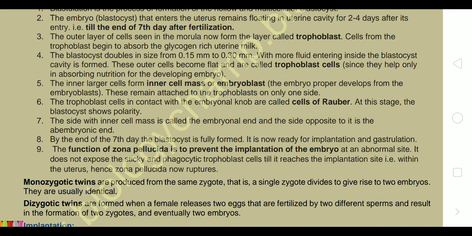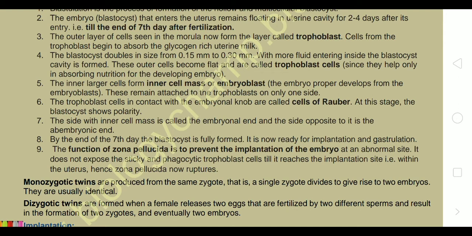So the function of the zona pellucida is to prevent the implantation of the embryo at an abnormal site. It does not expose the sticky and phagocytic trophoblast till it reaches the implantation site, that is within the uterus. Hence, the zona pellucida now ruptures.